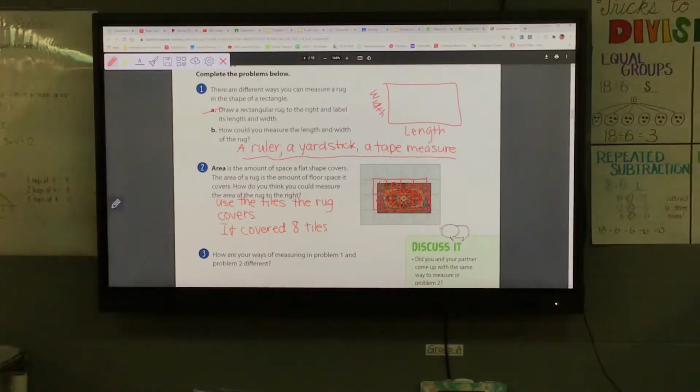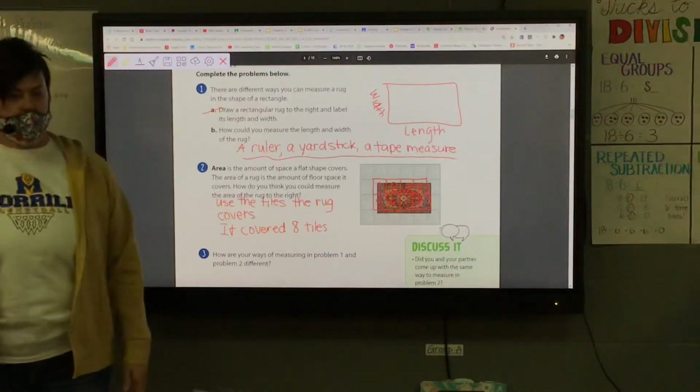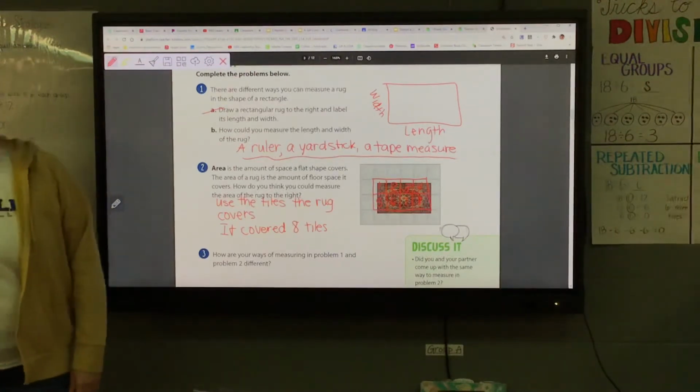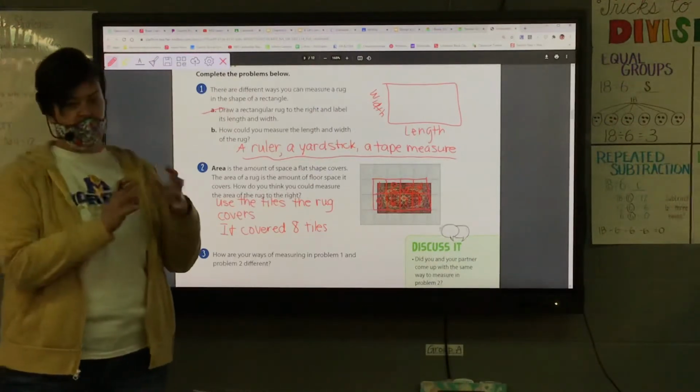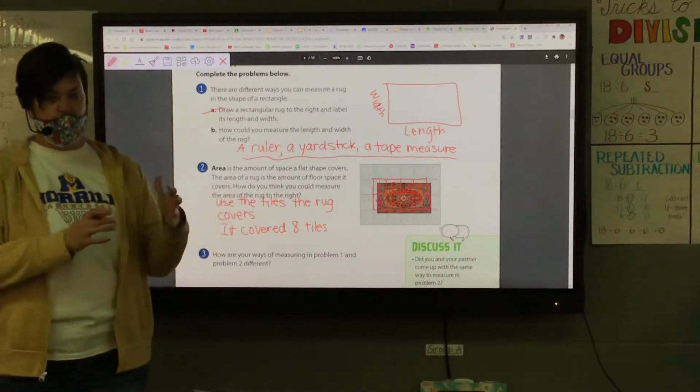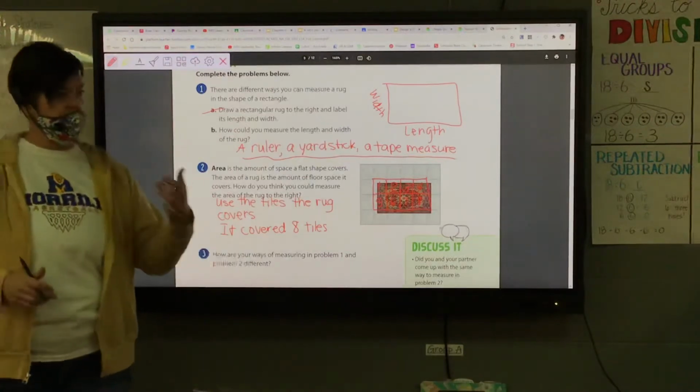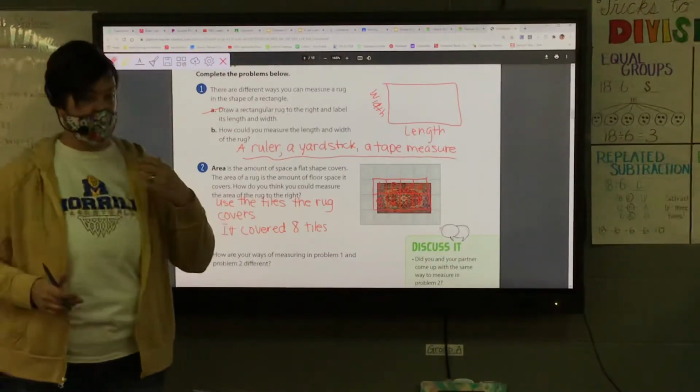Haley? Those all have numbers and tell you where each inch or foot is. Yeah, they have a specific unit of measurement on them, whether it's an inch or a foot, or maybe we have to measure in centimeters.